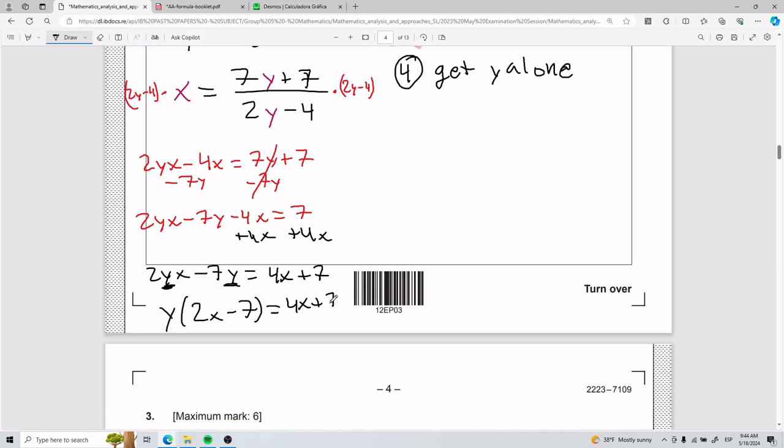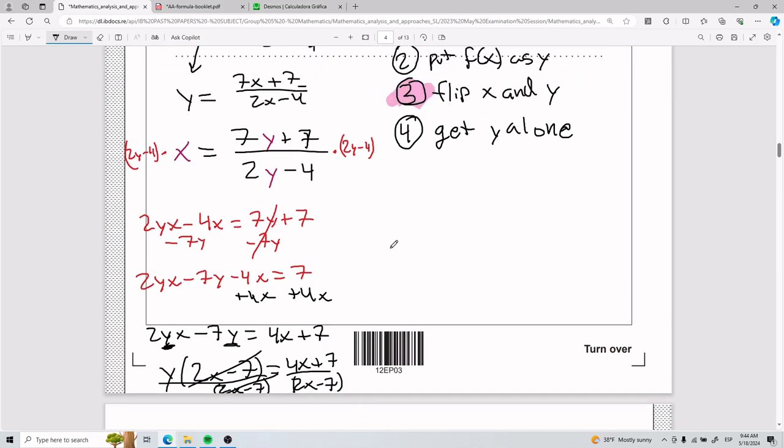Interesting. And so now to get y alone, you can just divide. Because it's multiplying, you can divide by 2x minus 7 on both sides. So this goes away with this. You end up with y equals 4x plus 7 divided by 2x minus 7, right?